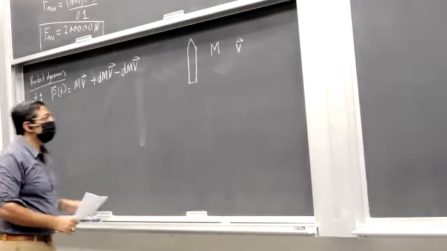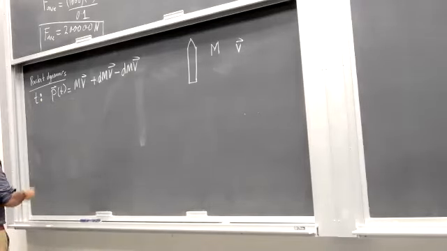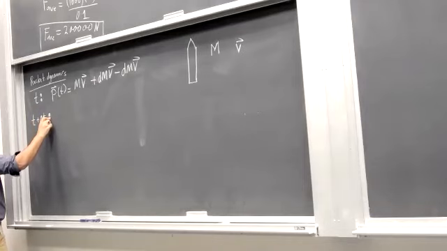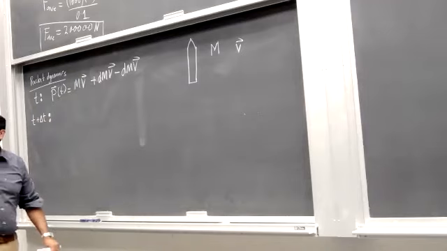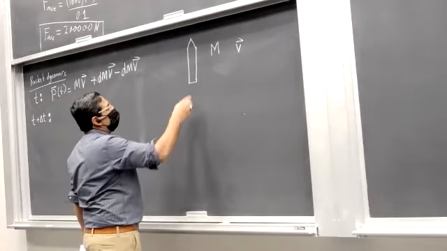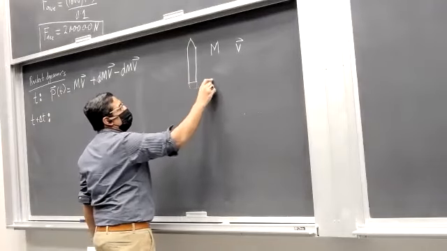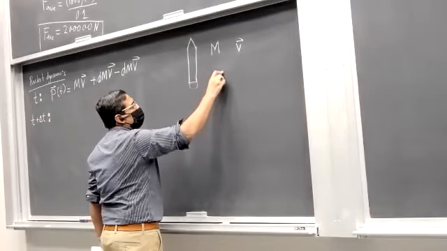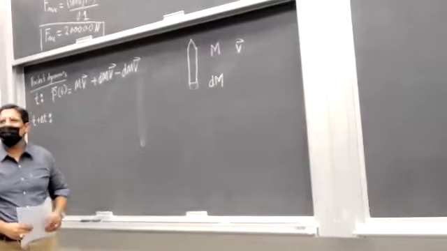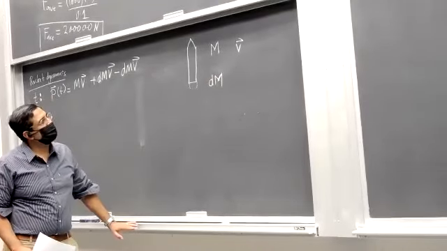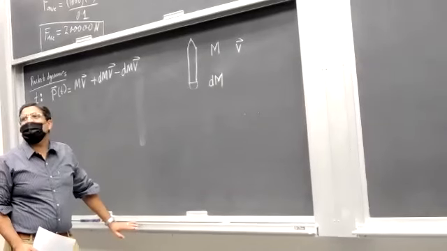Let's say at a slightly later time, t plus delta t, we look at the rocket again. By then, the rocket has exhausted gases equal to a mass of dm, the fuel exhausted for propulsion.